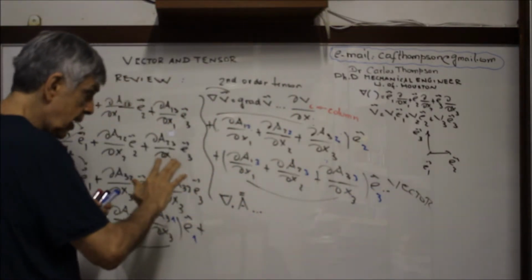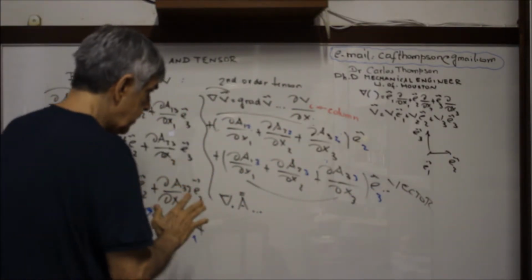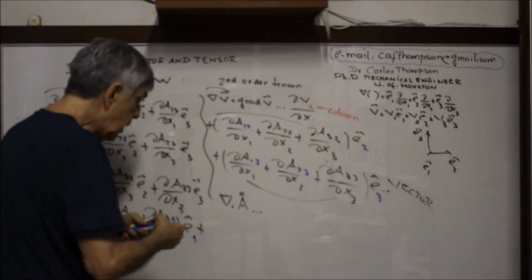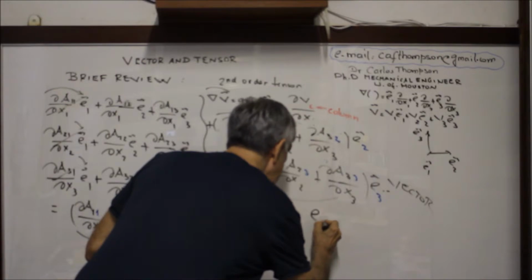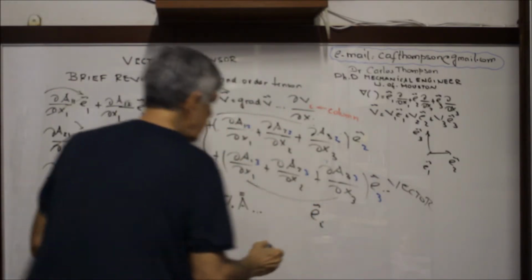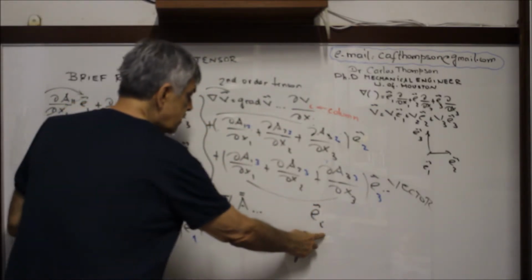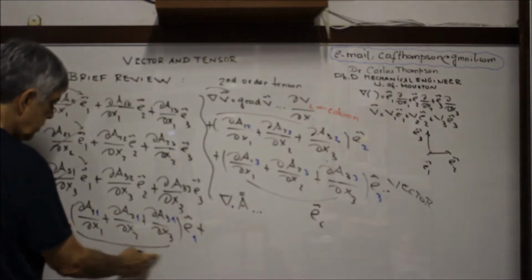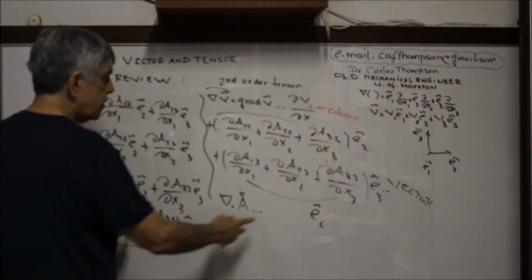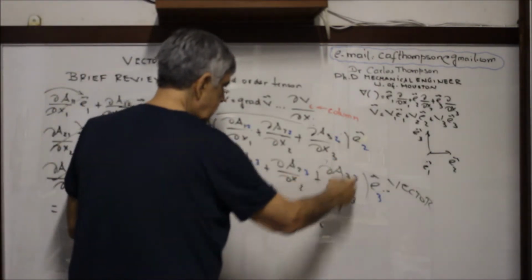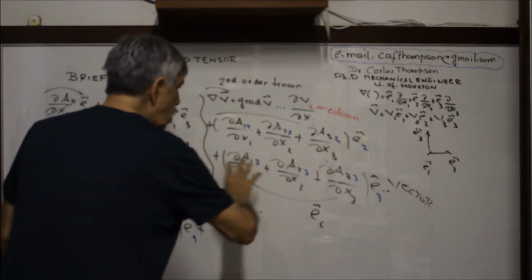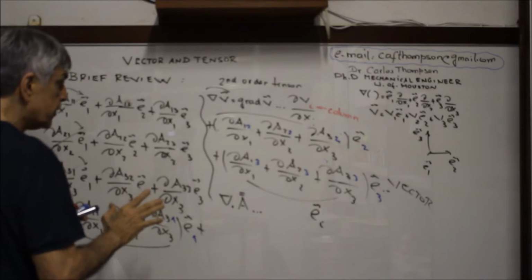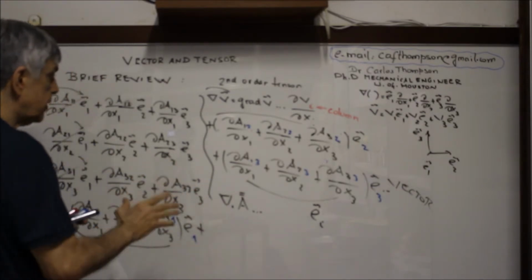So I can write something like Ei. Because when i is equal to 1, I'm here. When i is equal to 2, I do this. When i is equal to 3, I do this. Now, how can I write the partial derivative?